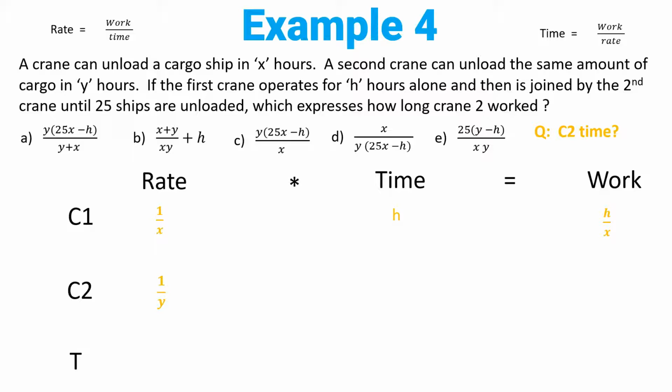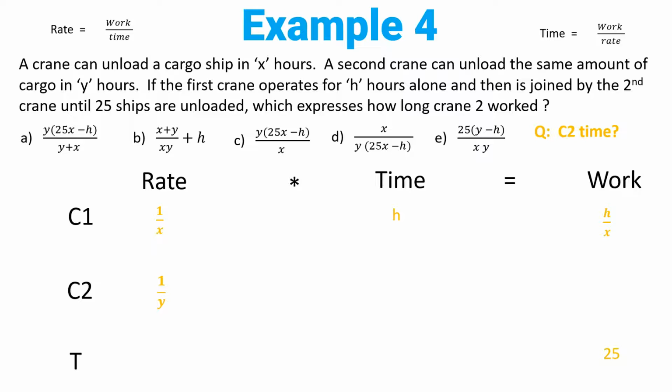The other thing we're told is that together, the total number of ships that they ended up unloading was 25. Okay, so just like in the last example, we can figure out how much work crane 2 did because we know that crane 1's work plus crane 2's work must equal 25.